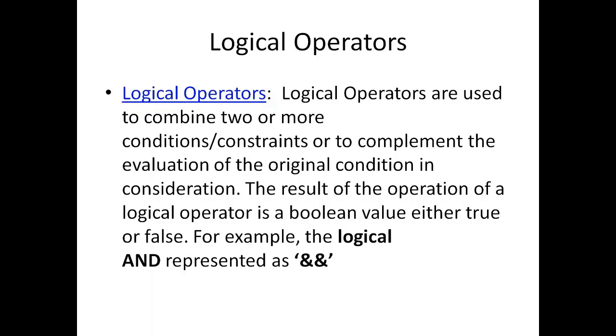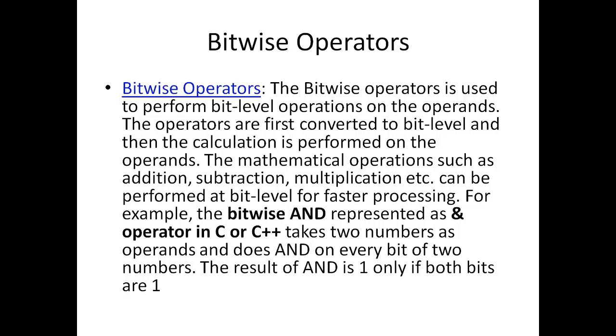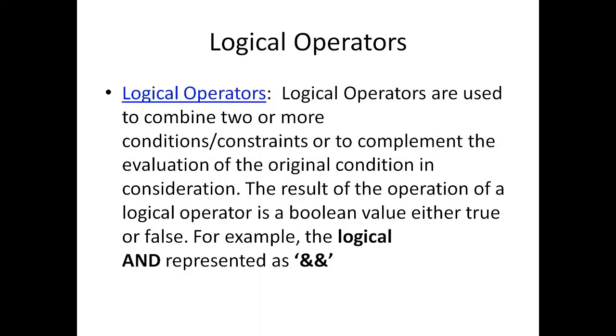When we use or, if any one of the expression is true, then it is going to return true. When we use not, if an expression is true, it is going to give the opposite of that, then it is going to give us the false. So let us understand how do we implement this in the C program. So let us head back to the programming.